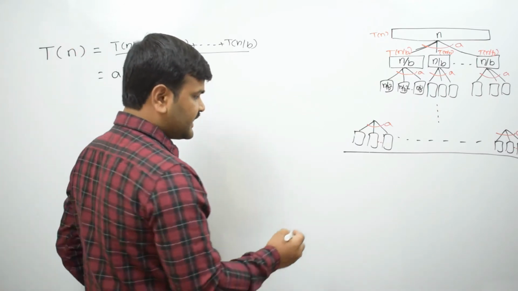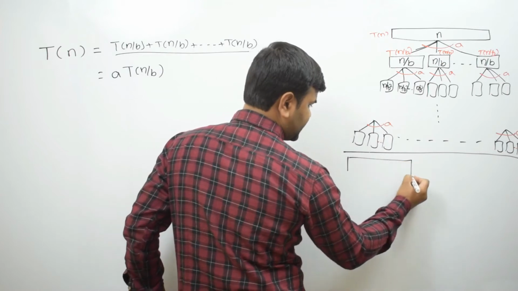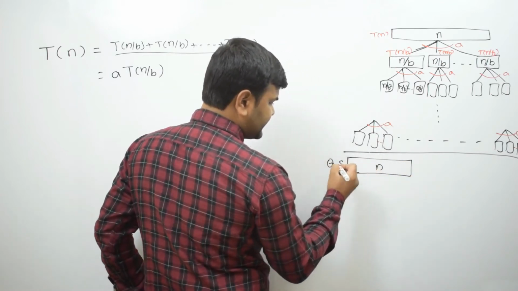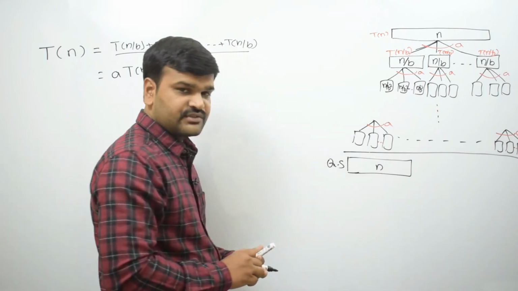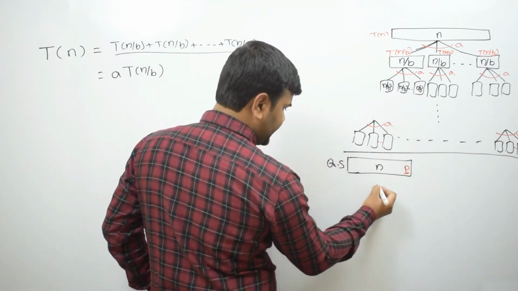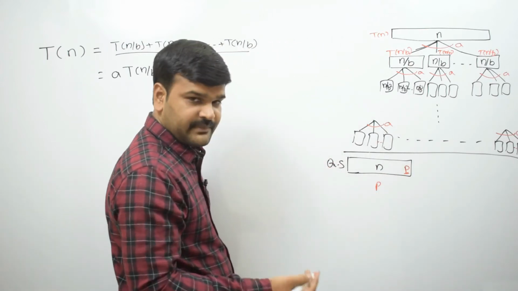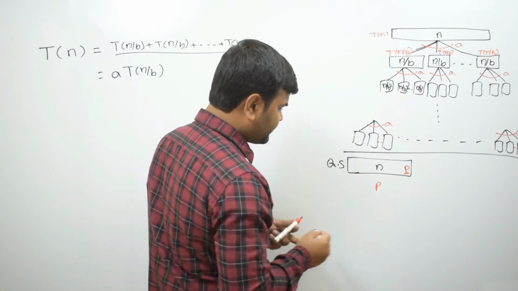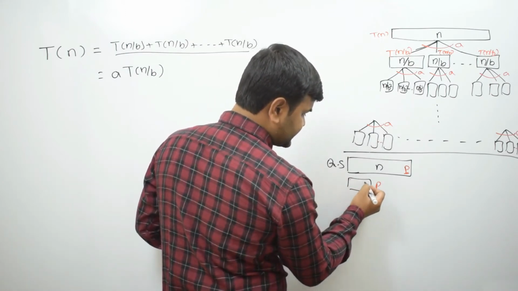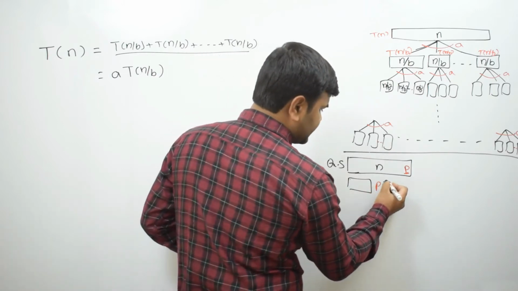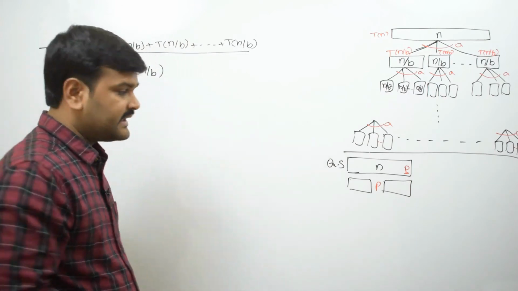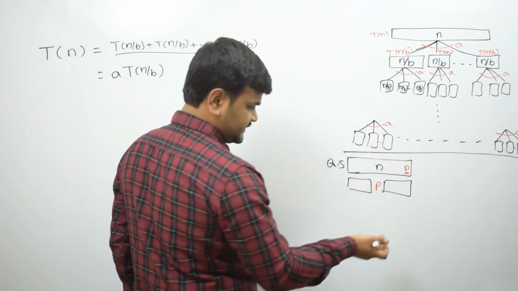If you already know quicksort, for example, given n elements we have to sort, we select a pivot element. Assume that it is placed at the middle. That means before the pivot element there will be a set of elements all less than the pivot, and after it another set of elements all greater than the pivot.